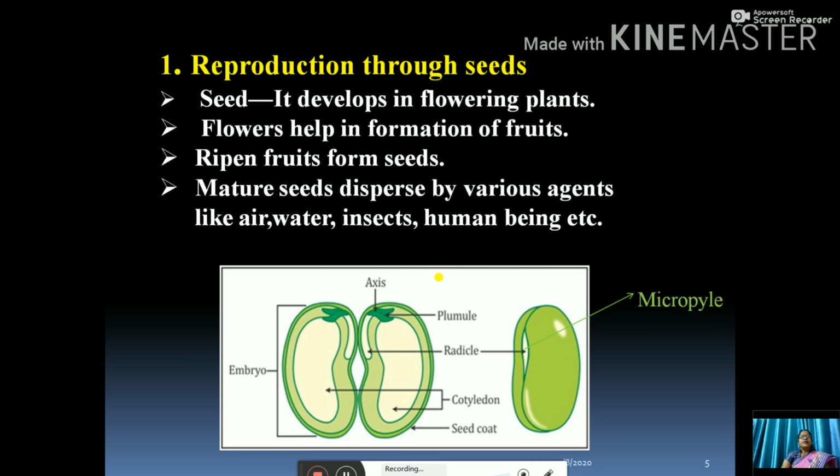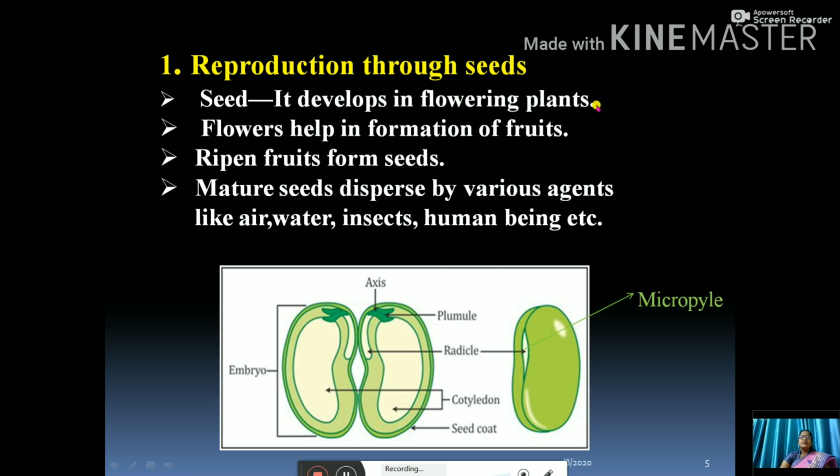Next is how the reproduction takes place through seeds. Before that, you should know the term seed. What is a seed? You look here, seed develops in flowering plants.